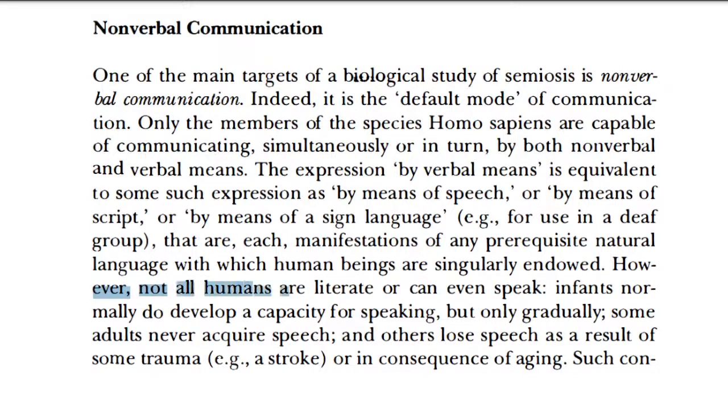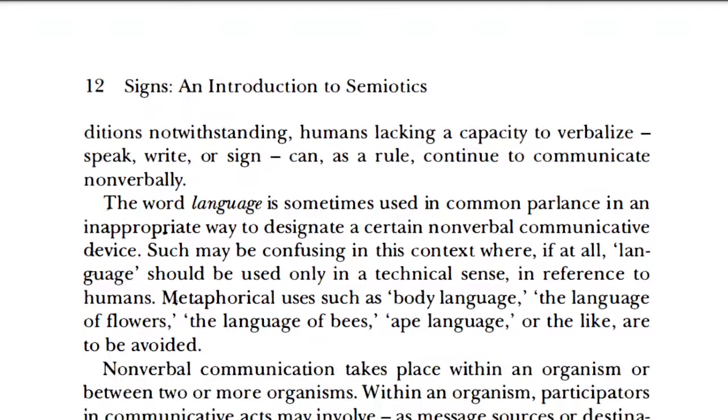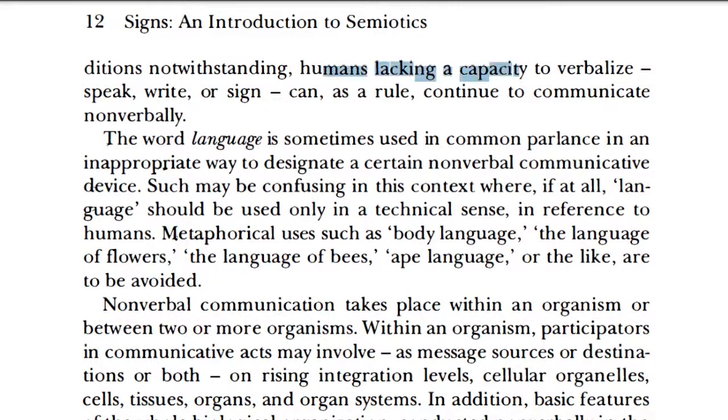However, not all humans are literate or can even speak. Infants normally do develop a capacity for speaking, but only gradually. Some adults never acquire speech, and others lose speech as a result of some trauma, for example a stroke, or in consequence of aging. Such conditions notwithstanding, humans lacking a capacity to verbalize, speak, write, or sign can, as a rule, continue to communicate nonverbally.